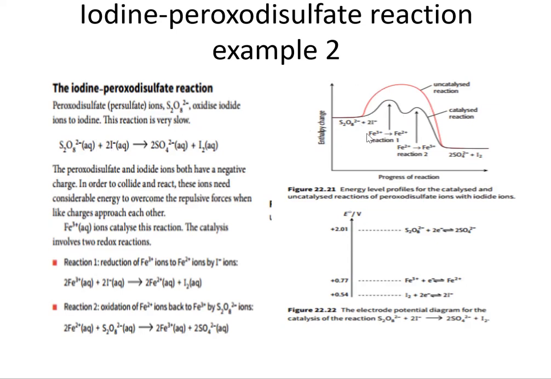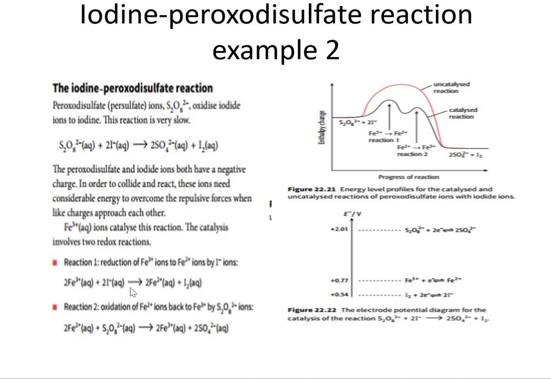But if the same reaction is made to happen in the presence of a catalyst, then we see this taking place more smoothly. And the black one, where you can see the two humps, is basically the catalyzed reaction. Now we have this reaction split up into two steps. In the first step, the iron 3 is being reduced to iron 2.